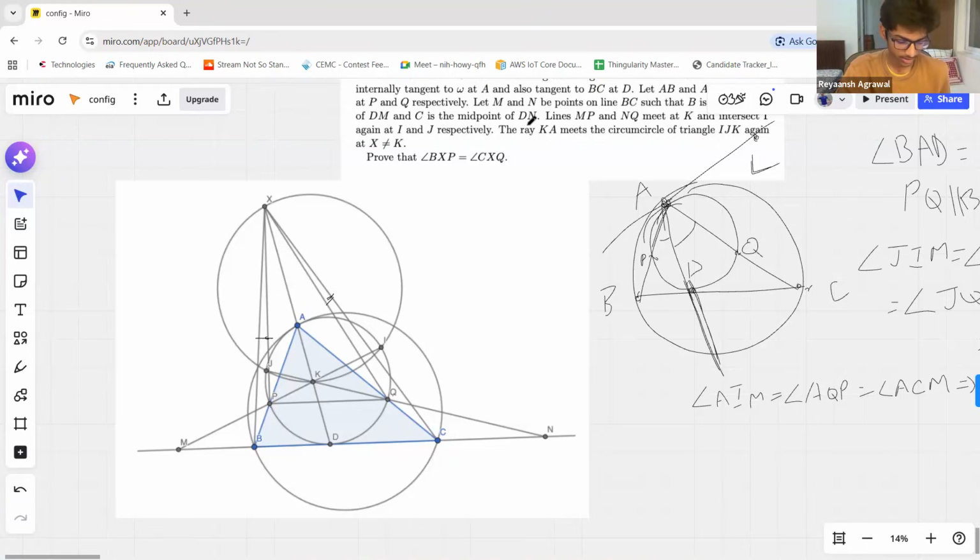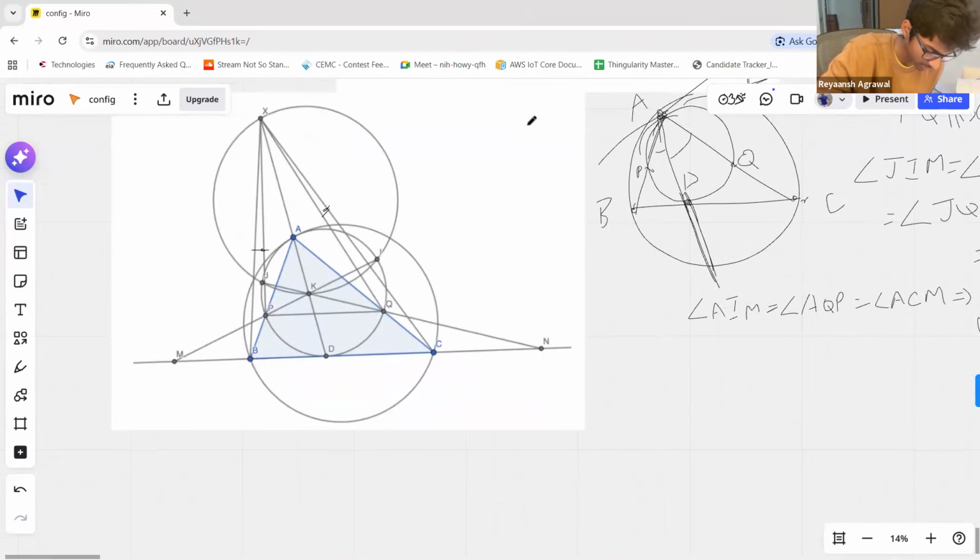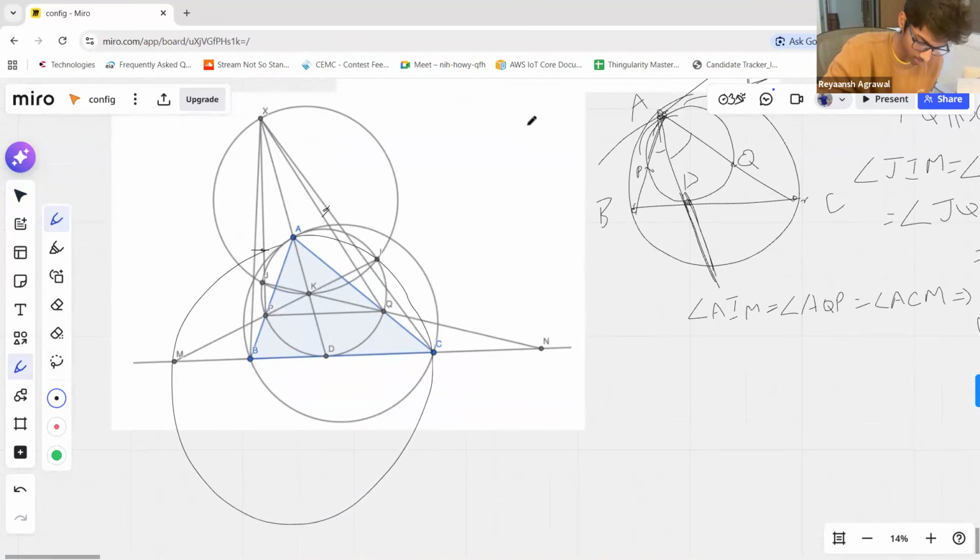But what other point lies on the radical axis? If I draw the circle, maybe it'll become clear.